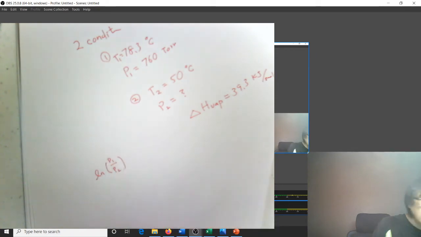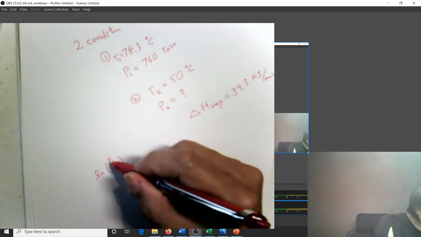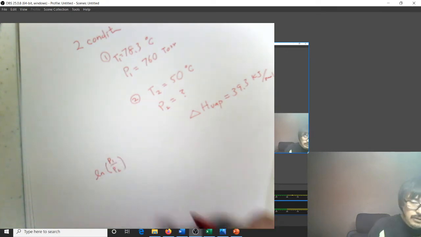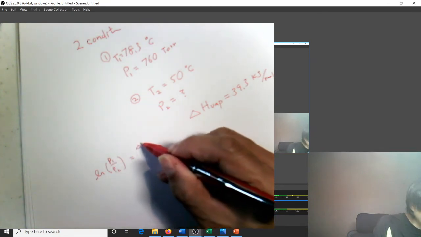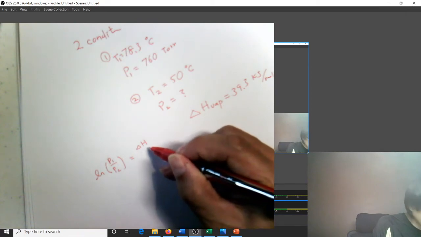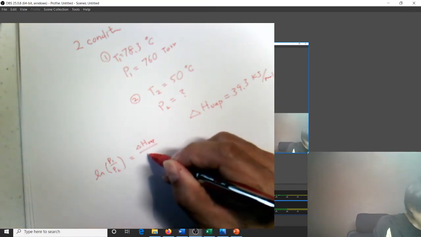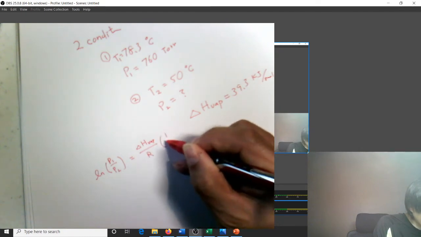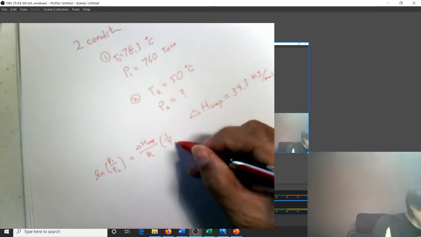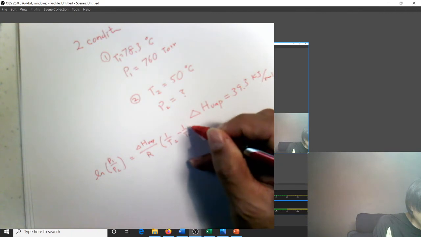Can you see this one? Is it too small? Is equal to delta H vap divided by R of 1 over T2 minus 1 over T1.